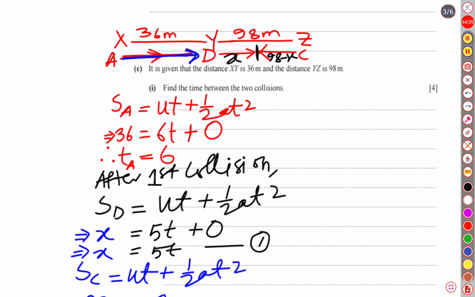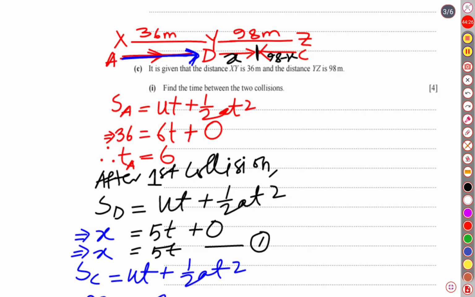A took 6 seconds to collide with B and form particle D, but C was still in motion. That's why C has taken 2 seconds more.